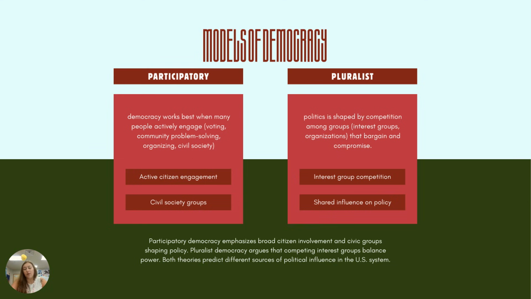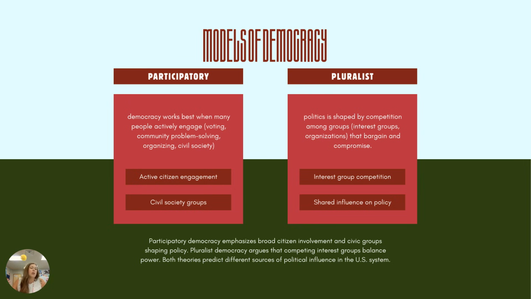Pluralist theory, or pluralism, is this idea that many groups are competing to attempt to influence government policy. These could be interest groups, they could be organizations, they could be those civil society groups that I mentioned. And the assumption is that when many groups are competing, no single group will win all the time, right?